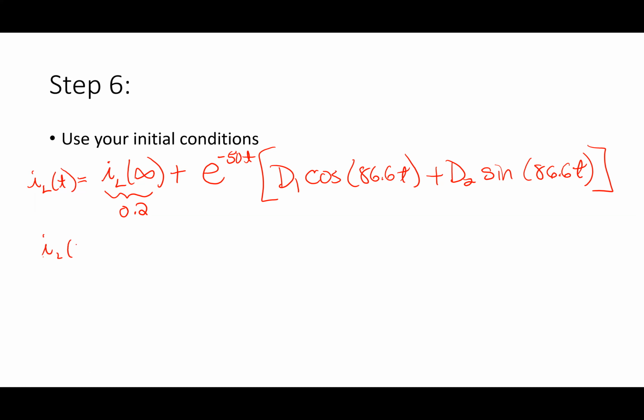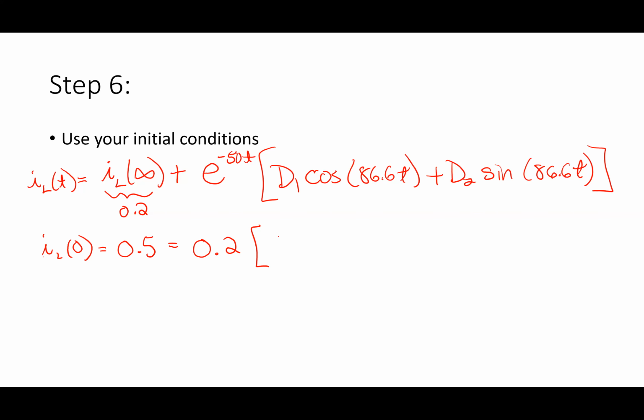IL of 0 is equal to, we found, 0.5, and that's equal to 0.2 plus we fill in this guy. If I put in t equal to 0, what happens to e to the negative 50t? Turns into 1. What about cosine of 0?